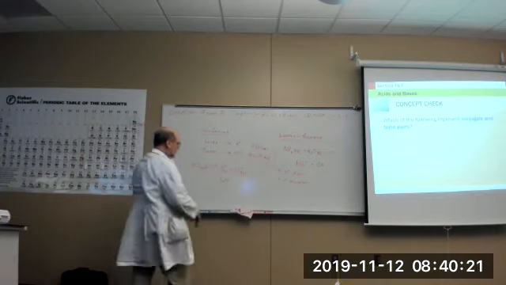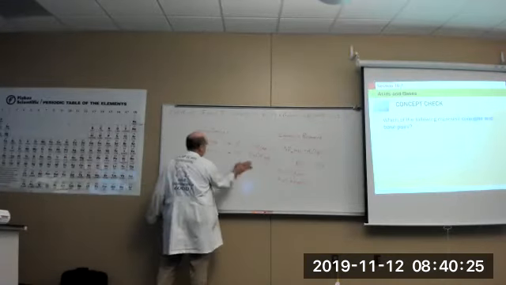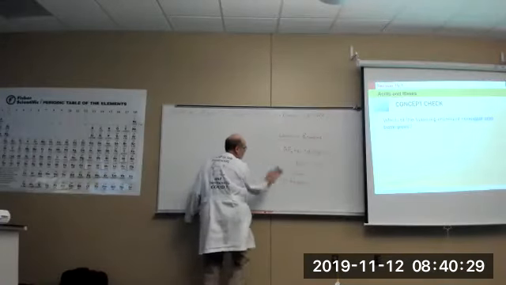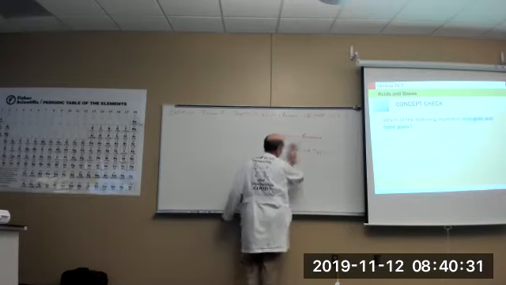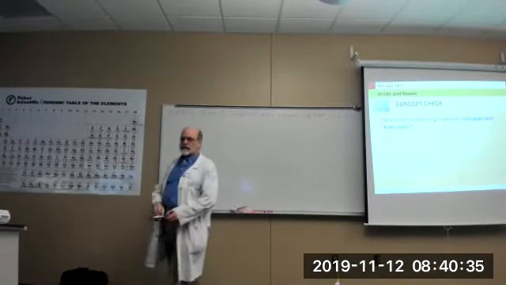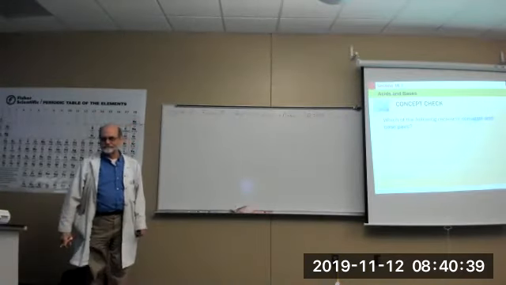So how do we tell, if I just give you a list of pairs of molecules, which one represents an acid conjugate base pair? It's really simple.